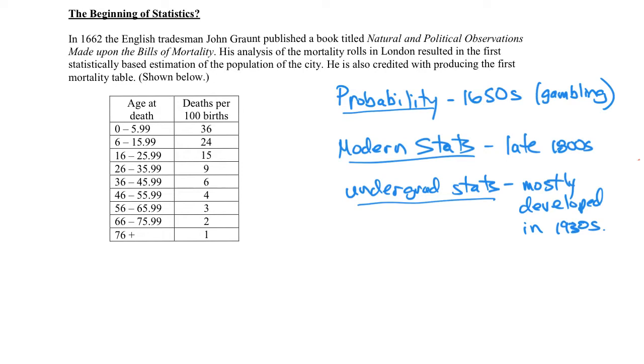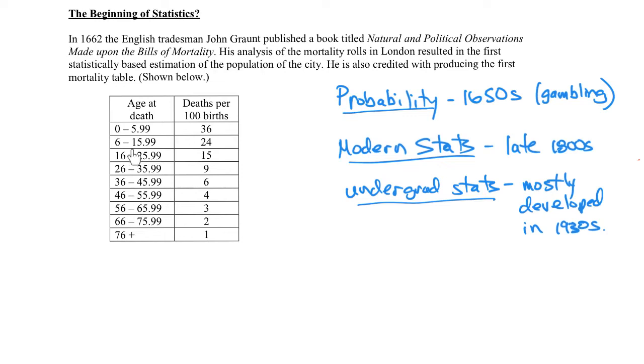So I've got this life table here, and this is a very depressing looking life table. This is from 1662, and John Graunt published the book, and a lot of historians credit this as being the beginning of statistics. In 1662, John Graunt used some basic statistical methods to estimate birth rate, death rate, and the population of London.